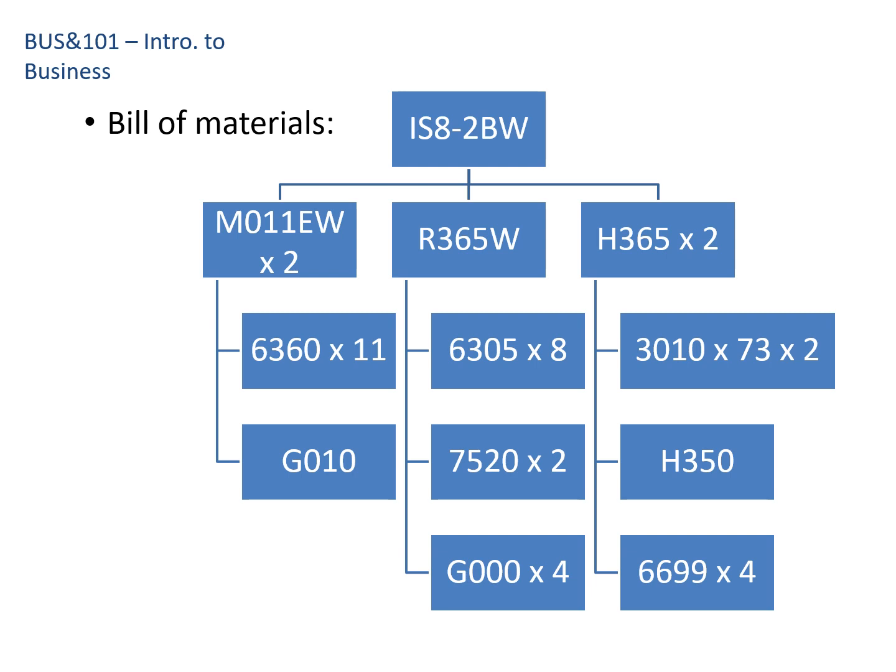That single product a customer could order was comprised of 2 M011 EWs, those are the uprights, 1 R365W, that's the cross beam, and then 2 H365s, which were the swing assemblies. Each of those items were then comprised of other parts. So this is an example of a bill of material for a pretty simple product. And of course, it could be much more complex than that.